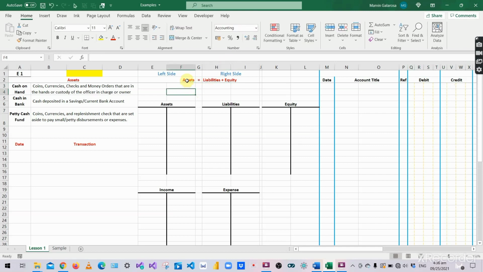Example, assets is on the left side. Kung ang debit ay ang left side ng isang entry and ang credit is ang right side ng isang entry, nasaan ang increase ng asset? Nasa debit ba siya o nasa credit? Since assets is on the left side, ang increase niya ay nasa debit.